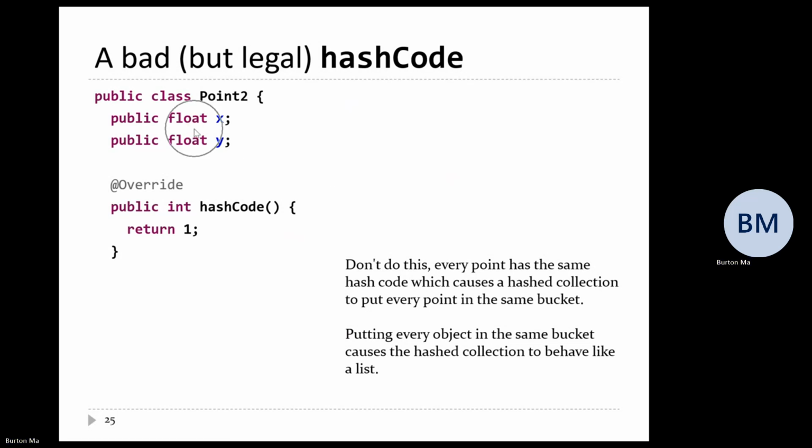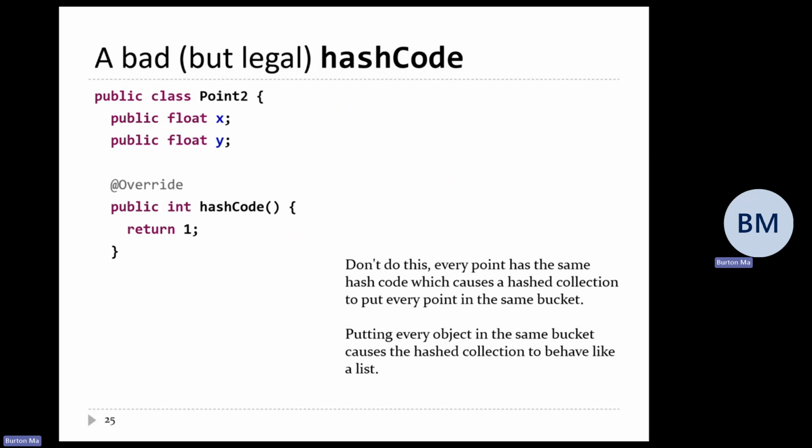Okay, so why can't you guarantee that if two objects are not equal, they have different hash codes? Every point has a double x and a double y. How many unique combinations of x and y are there? Well, there's 2 to the 64 values of x. There's 2 to the 64 values of y.